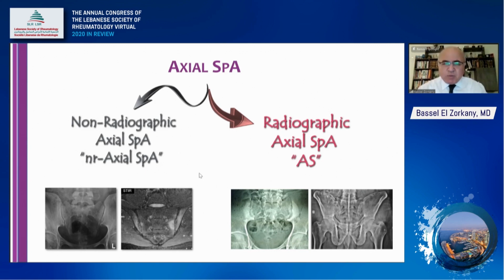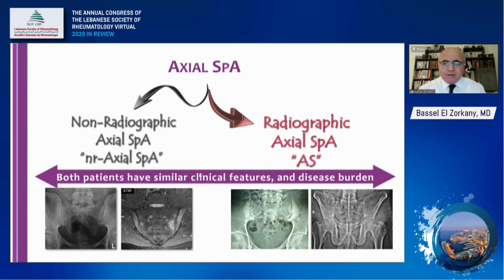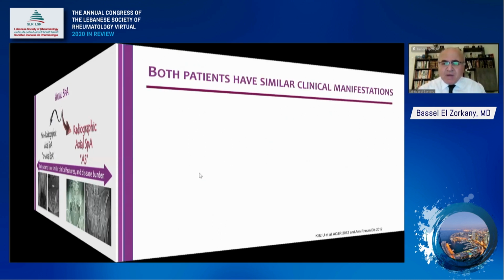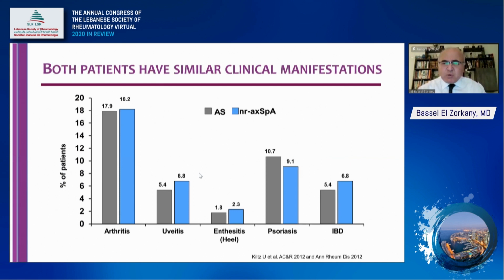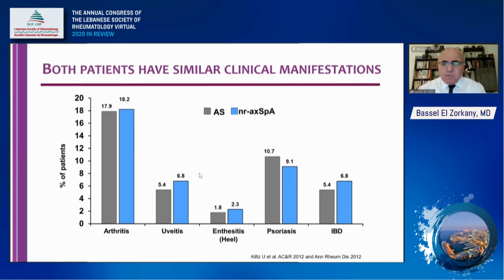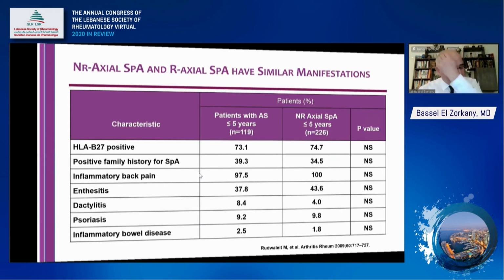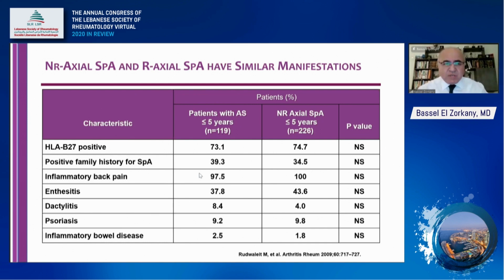Both non-radiographic and radiographic axial spondyloarthritis have similar clinical features and disease burden, because if we look at the clinical features, we find the same musculoskeletal and extramusculoskeletal patterns, no difference between them. If we bring patients with the same disease duration, you will find no significant differences as far as B27 positivity or family history or inflammatory back pain, the other features of the disease.